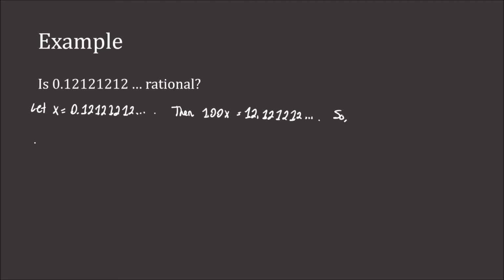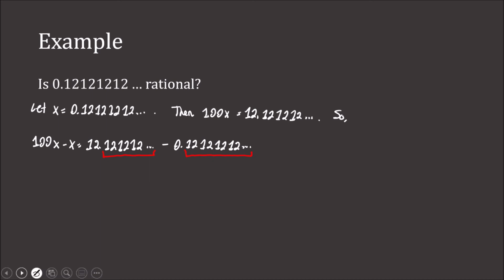So if we look at 100x minus x, notice that they both have this exact same repeating decimal.